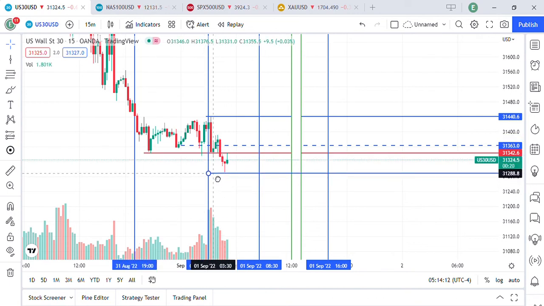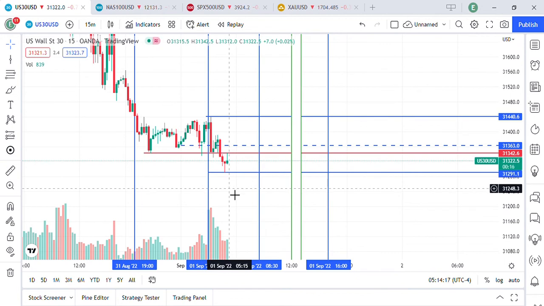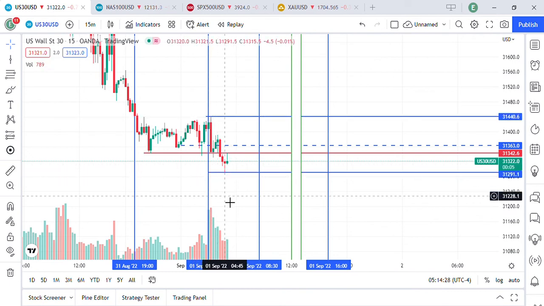London is not yet closed, so you just modify as time goes, until New York opens, and make sure that your high and your low are at the correct spots.